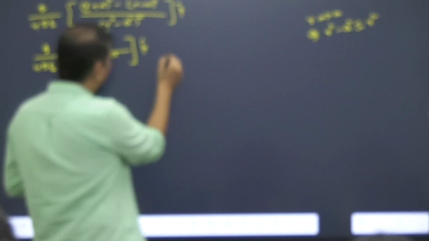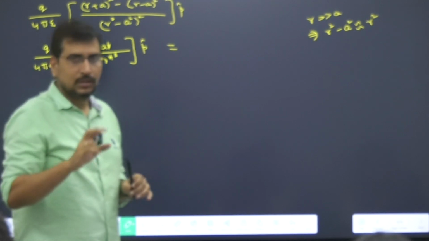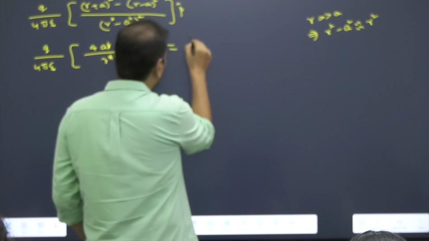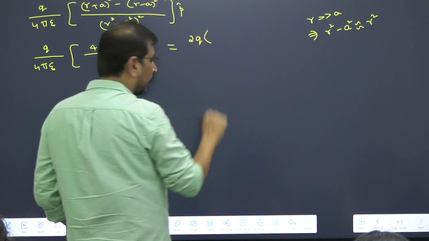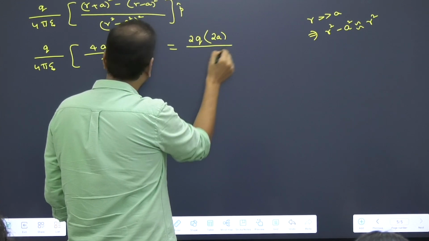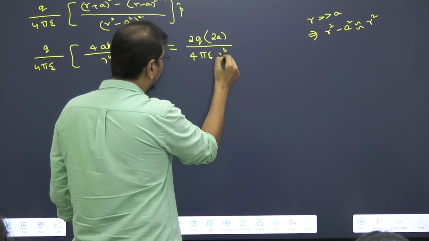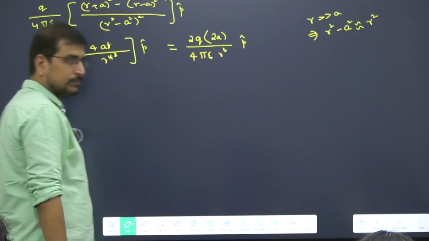Right? Now, this 4a is there, no? This 4a, how I will break it as 2 into 2a. So when I do that, can I write it as 2q into 2a divided by 4 pi epsilon naught r cube times p cap?